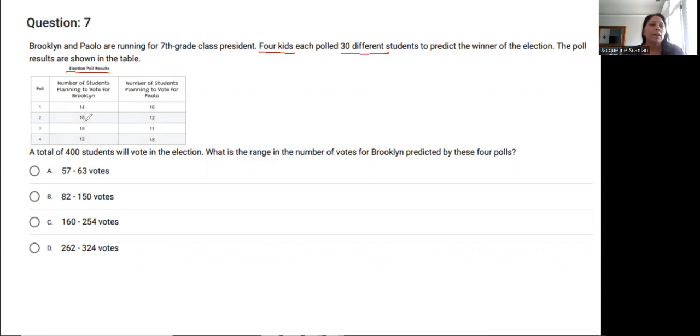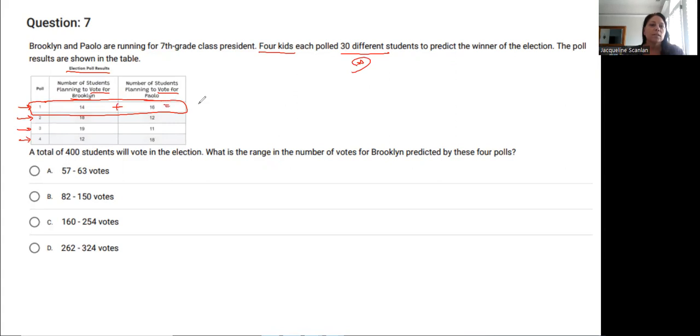You can see that the 4 different students are listed here and that they each polled 30 different students. Some of those students would have voted for Brooklyn, and some of those students would have voted for Paolo. So student number one's poll results should add up to give me 30 different students that they asked.